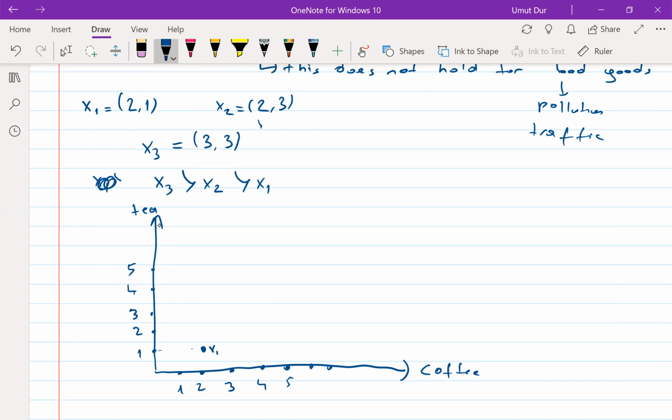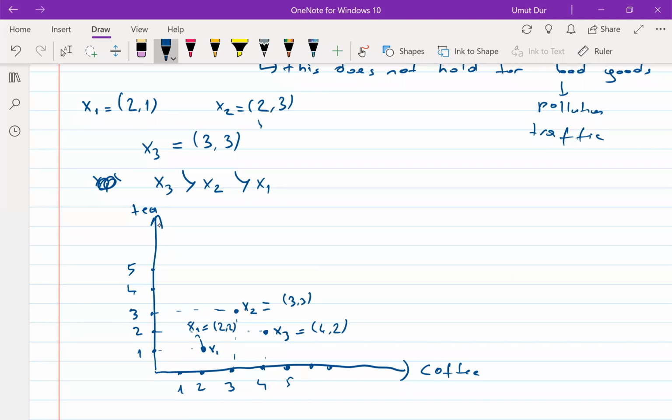Let's say this is x1 bundle, this is x2 bundle, this is x3 bundle. The numbers are clear here. For example, for x2 you are consuming 3 and 3. For x3 you are consuming 4 and 2. For x1 you are consuming 2 and 2.